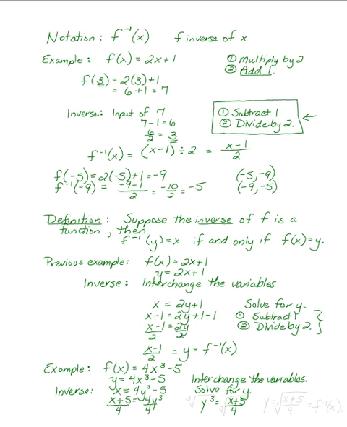And our last step, since y is cubed, is to take the cube root, and what we do to one side, we have to do to the other side. So y is going to be equal to the cube root of x plus 5 divided by 4, which is actually our inverse function.